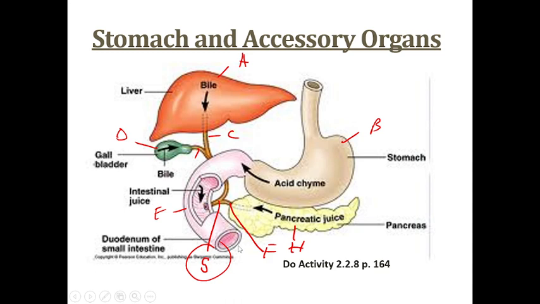Then pancreatic juices contain enzymes that can hydrolyze what? Hydrolysis to break down. Fats, those are lipids. Fats and what? Proteins and carbohydrates.